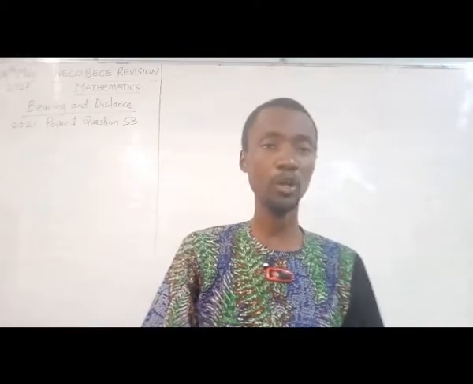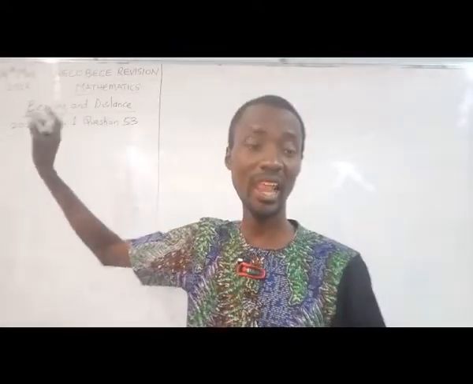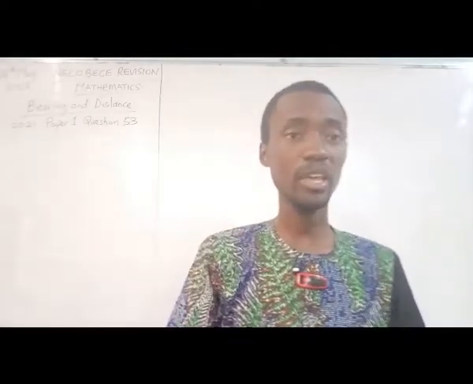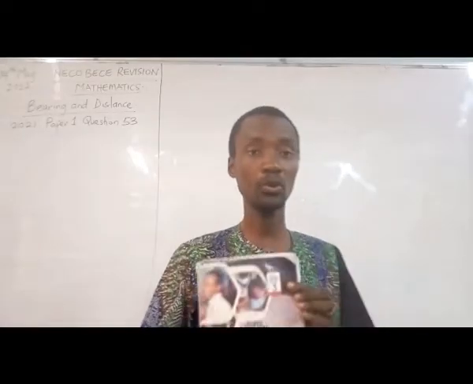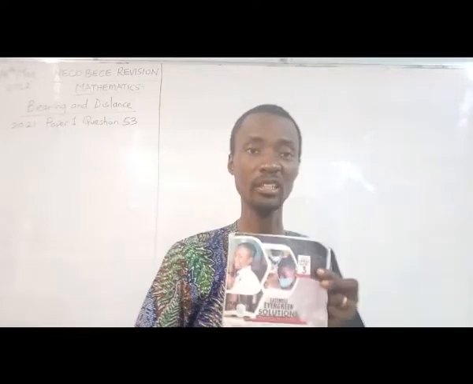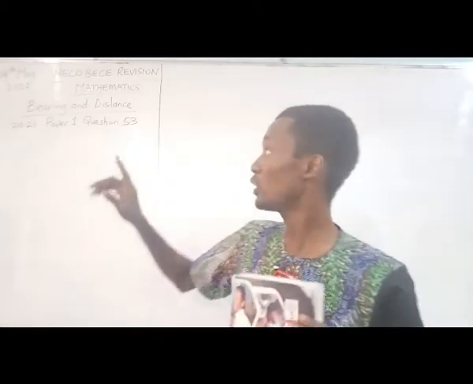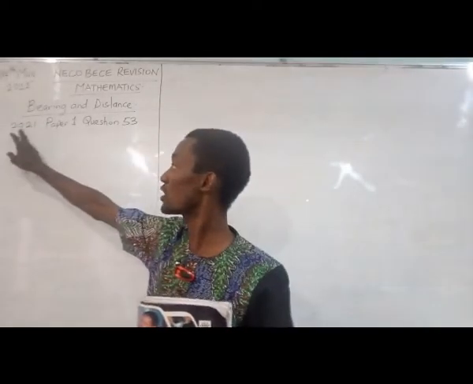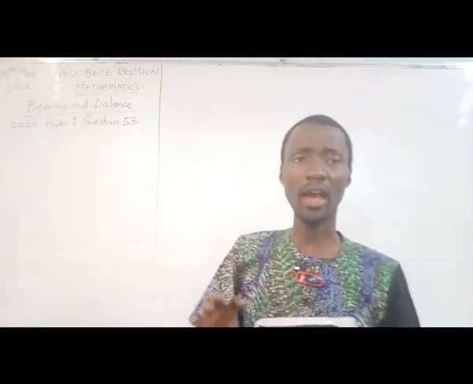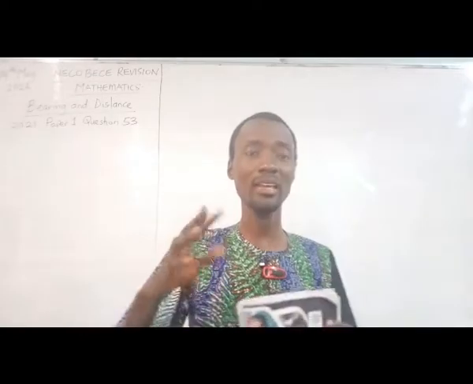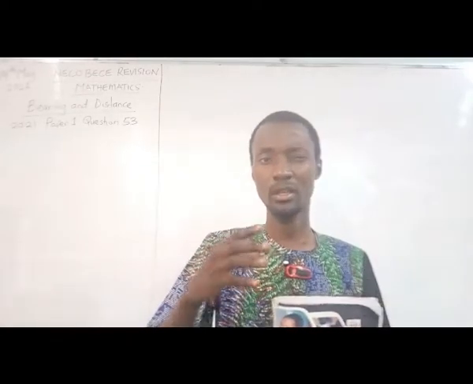So you may want to pick up your NECO BECE Laswell textbook, the latest edition, for this exercise. So we are currently looking at 2021 paper 1 question 53. And it's important to understand how the exam is arranged.